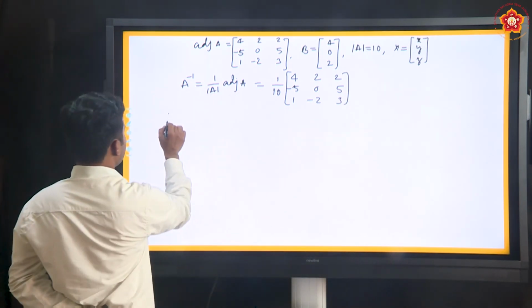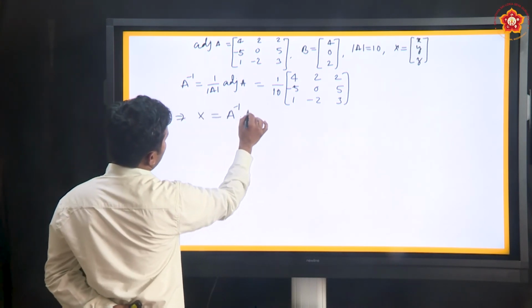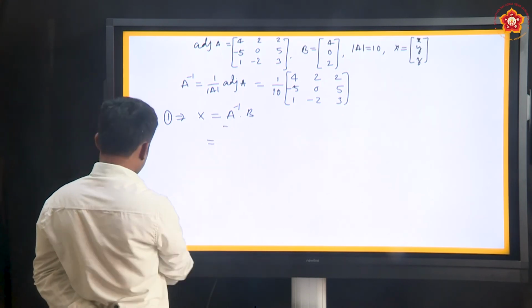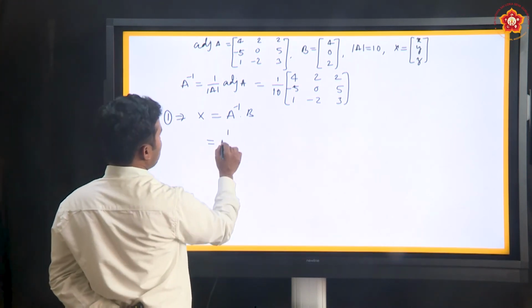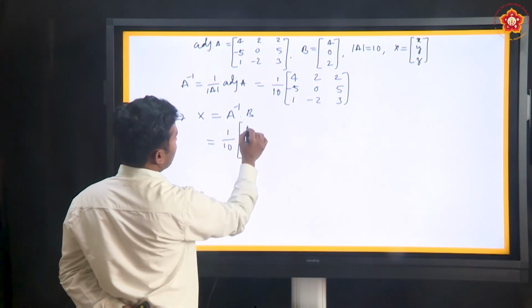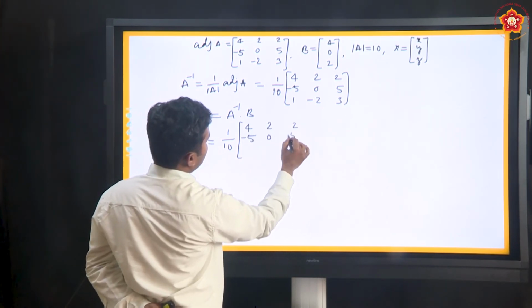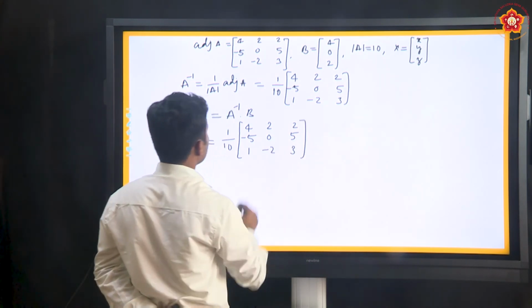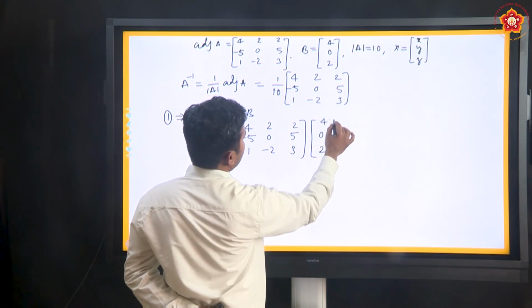Now, from equation 1 we have X is equal to A inverse into B. So which is equal to 1 by 10 into 4, 2, 2, minus 5, 0, 5, and 1, minus 2, 3, and B is 4, 0, 2.